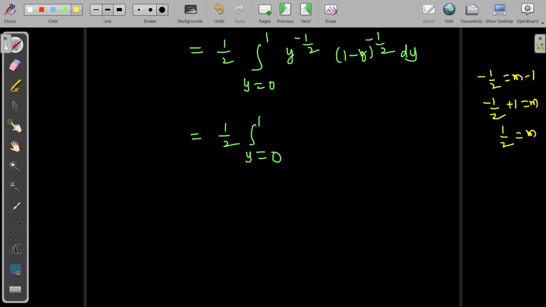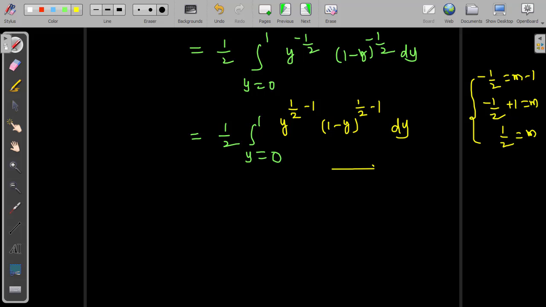So y power becomes half minus 1, which gives back minus half, times 1 minus y power. I want to express minus 1 by 2 like n minus 1. Already with the same value we did it, minus 1 by 2 is the same as 1 by 2 minus 1, times dy.